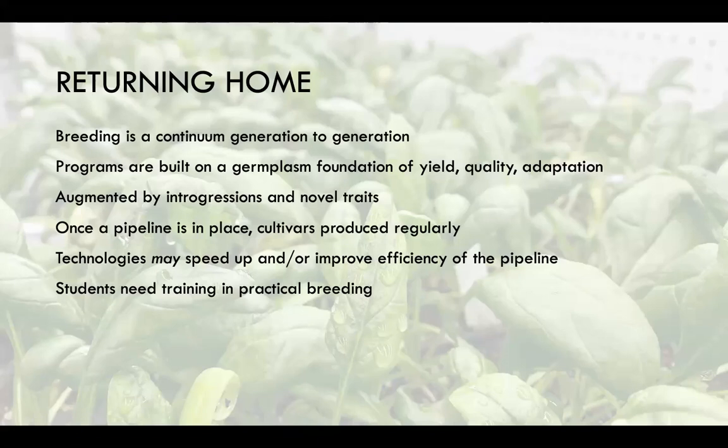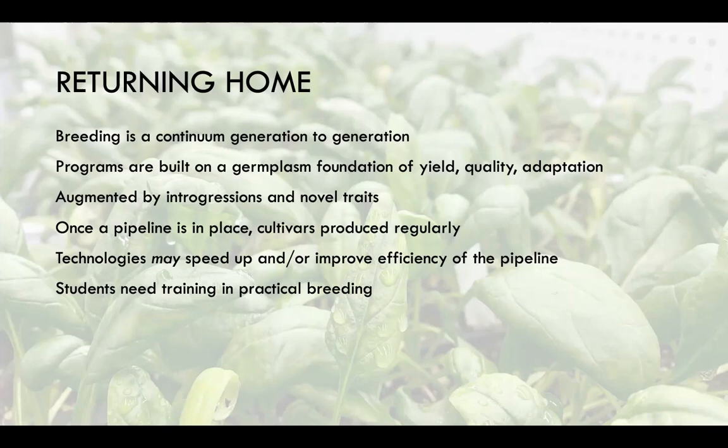We build on what happened in the past, and hopefully we're leaving a future that can be built upon as well. Programs are built on a germplasm foundation that has adequate yield, quality, and adaptation for our growing conditions. And then we can augment that as needed, as new diseases show up, for example, or as new marketing opportunities arise by novel traits and introgressions or gene edits and so on.